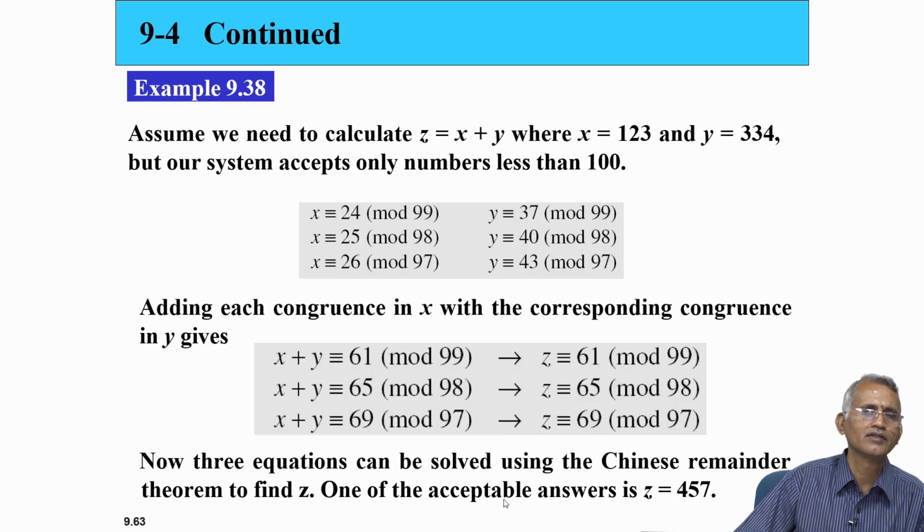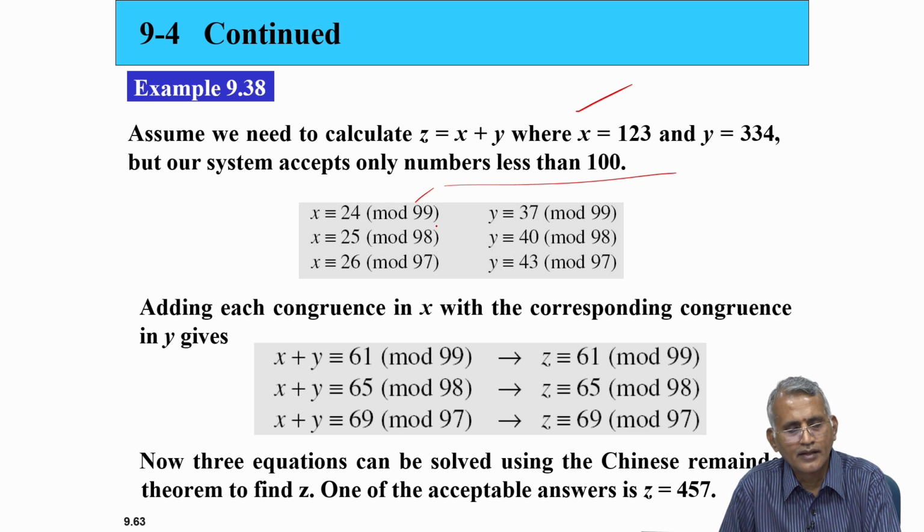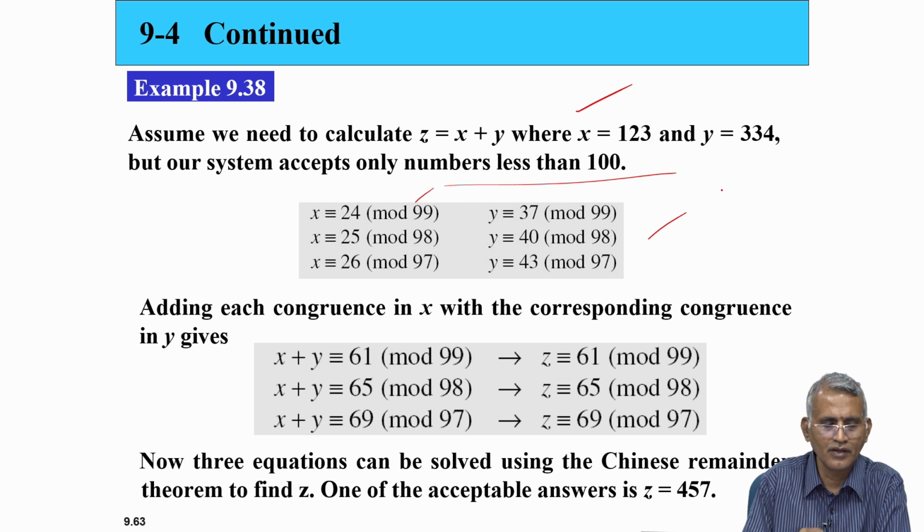Suppose we calculate z equal to x plus y, where x equal to 123 and y equal to 334, but our system accepts only numbers less than 100. Therefore, we do it with the help of x identically equal to 24 under modulo 99, x identical to 25 under modulo 98, x identical to 26 under modulo 97, and similarly for y.